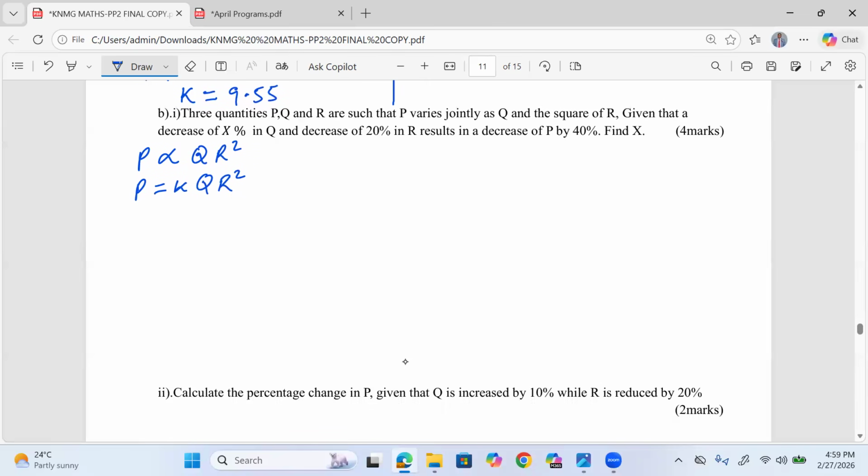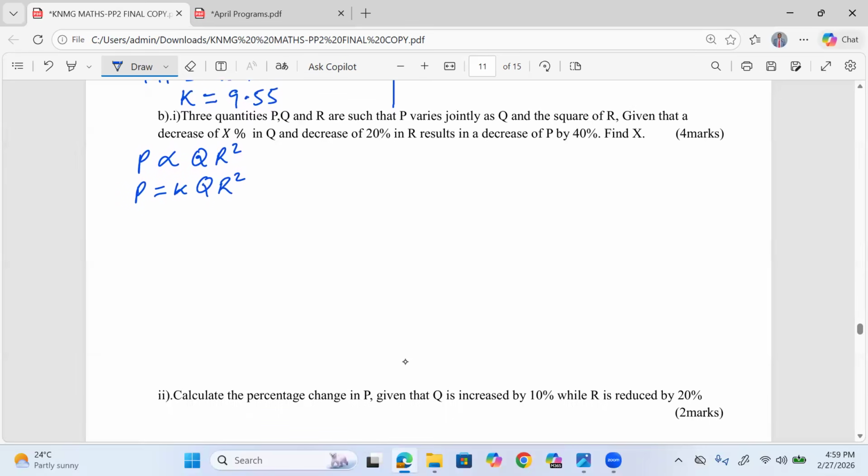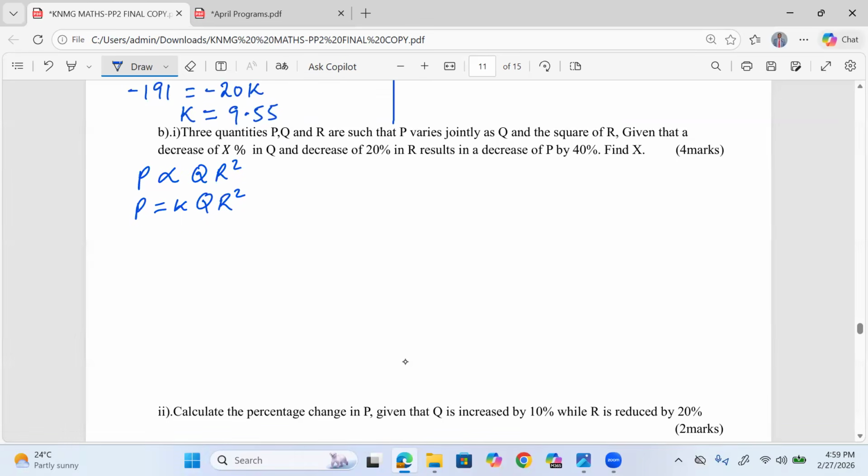With changes in Q and R, P will be affected. We are given the change in P already, but the change in Q is unknown, or we can simply make Q the subject.